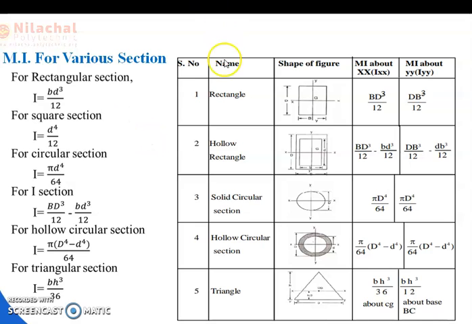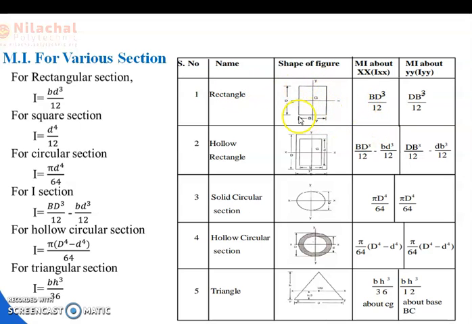So here you can see in this table the rectangular shape and the figure, and we will calculate the moment of inertia in the x-axis as well as in the y-axis. So first of all consider the x-axis.